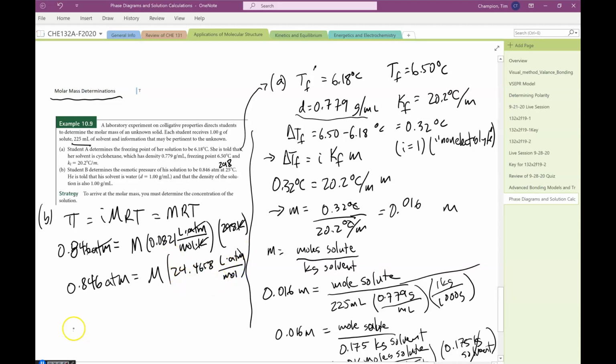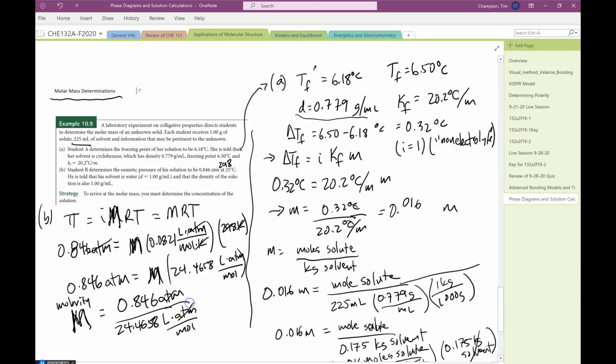If I divide both sides by that, I get this, and this is capital M, molarity, not molar mass. Sorry, I kind of drew a script M there. This is molarity. Molarity is going to be 0.846 atmospheres over 24.4658 liters times atmospheres over moles.